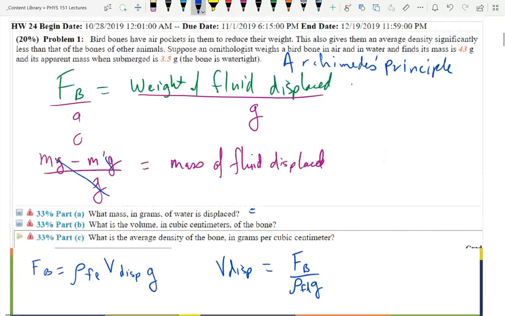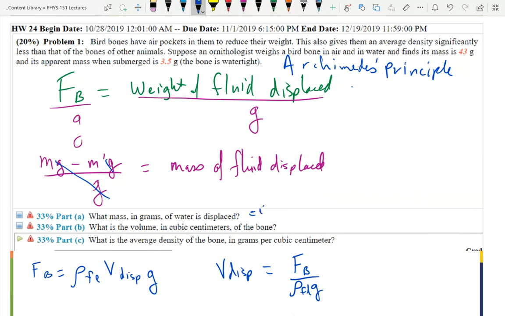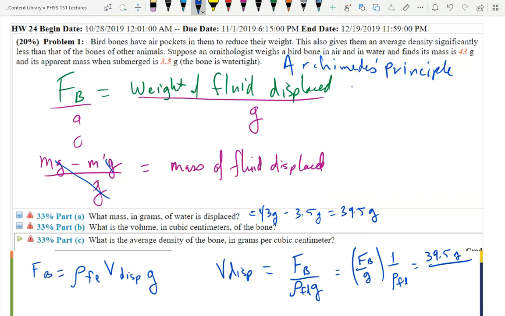I forgot I said these out loud, but I'm going to write them down. The density of water is in grams per centimeter cubed.